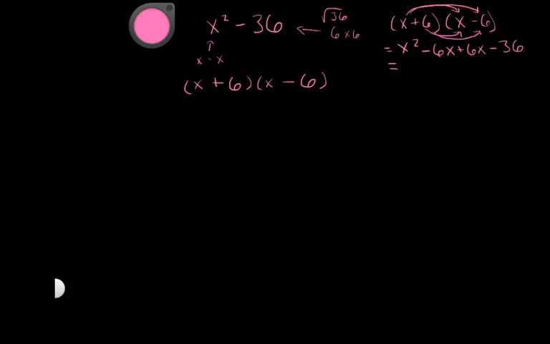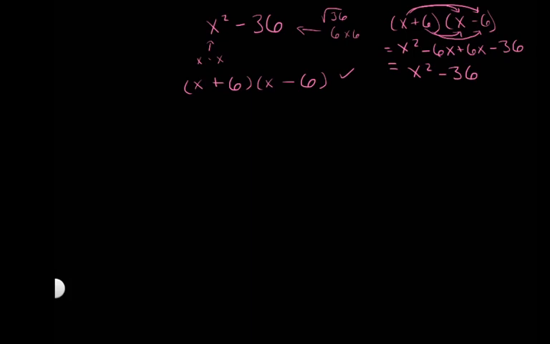When we combine the like terms, we have x squared. These two terms in the middle are going to cancel out because negative 6 plus 6 equals 0. So x squared minus 36. So we're back to our question. So we know that this answer is right. Okay? So that's a difference of squares.